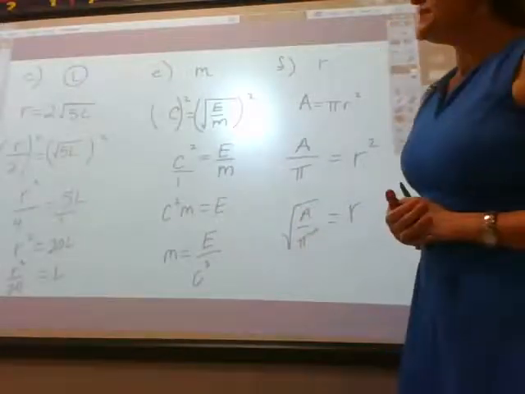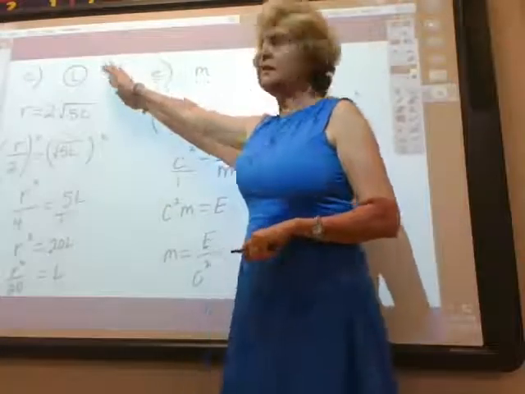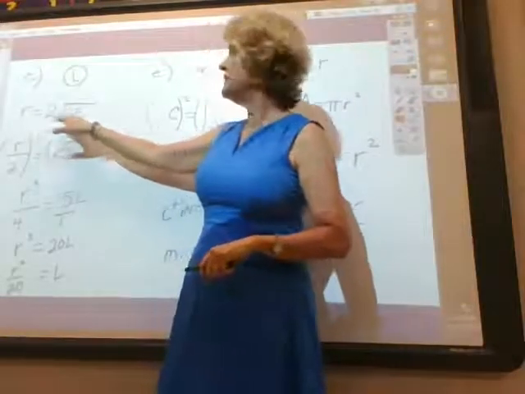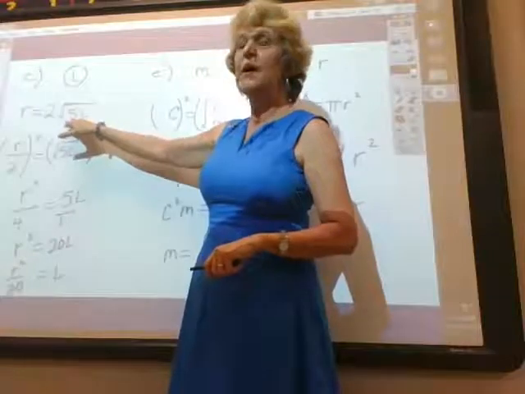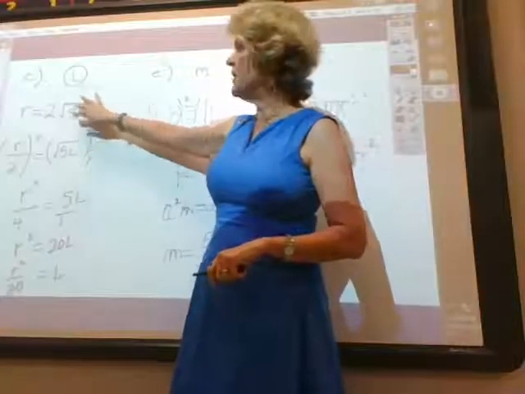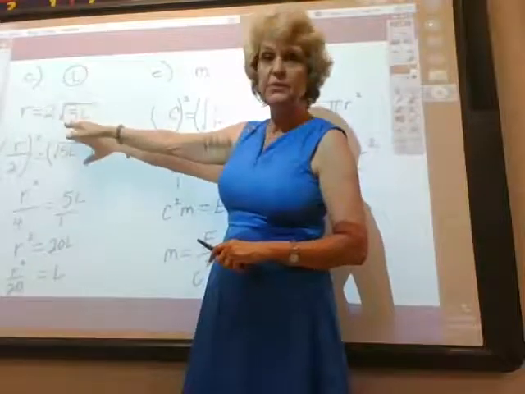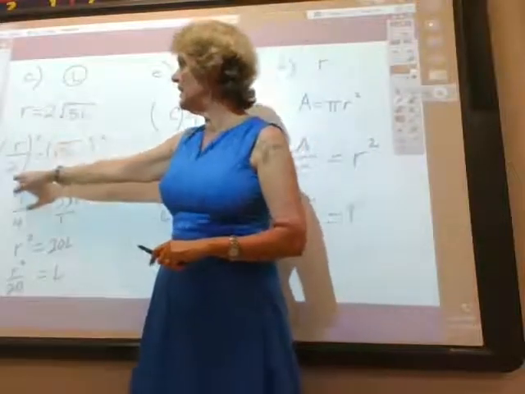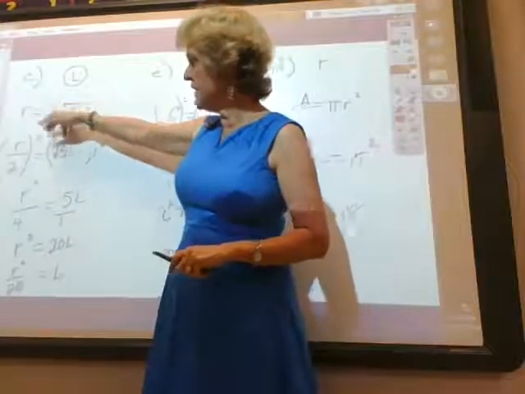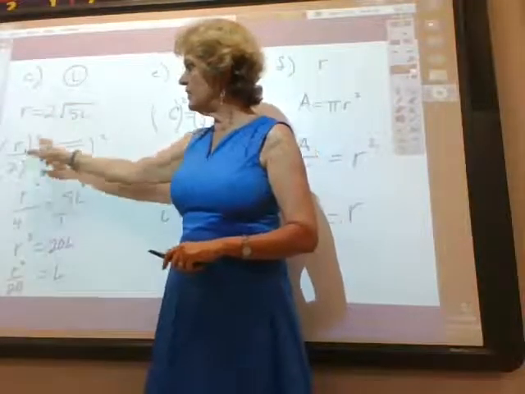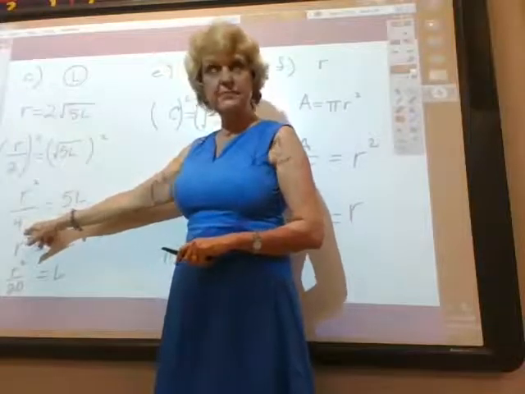All right, so for C, I was solving for L. It was underneath the radical here. So R is equal to 2 times radical 5L. I divided by 2, first of all, to get the radical by itself, and then I squared both sides. So the 5L came out, R squared over 4.